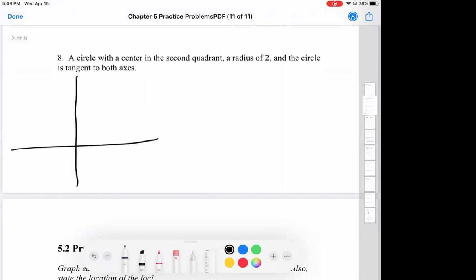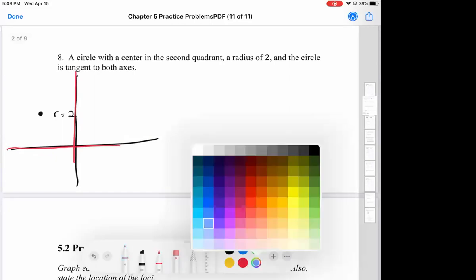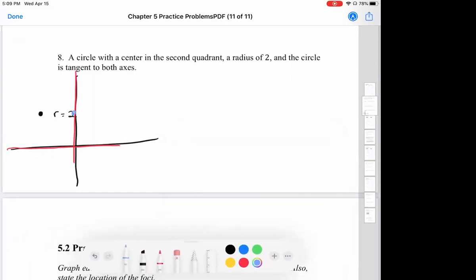A center in the second quadrant, a radius of 2, so r is 2. And the circle is tangent to both axes. That means it's touching. So my circle is touching these two axes. It has to be touching both, so my circle looks like it's touching here and touching here.